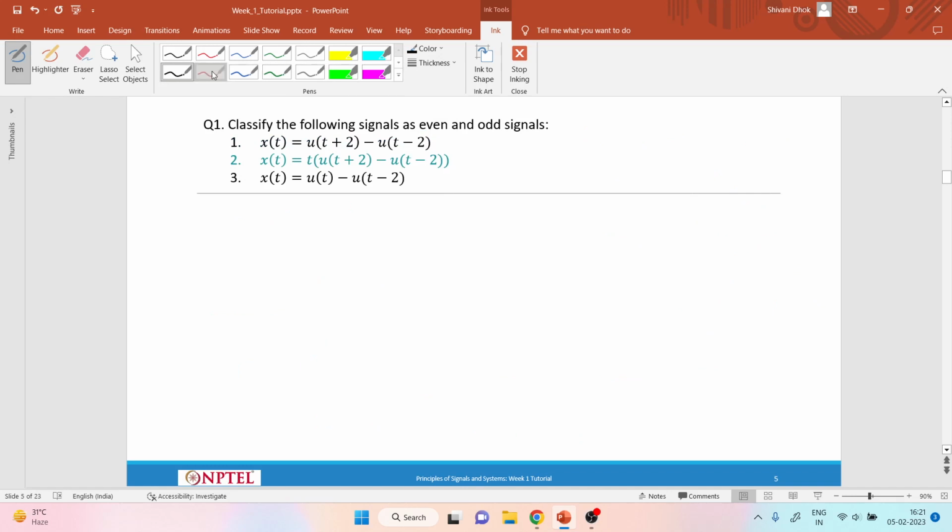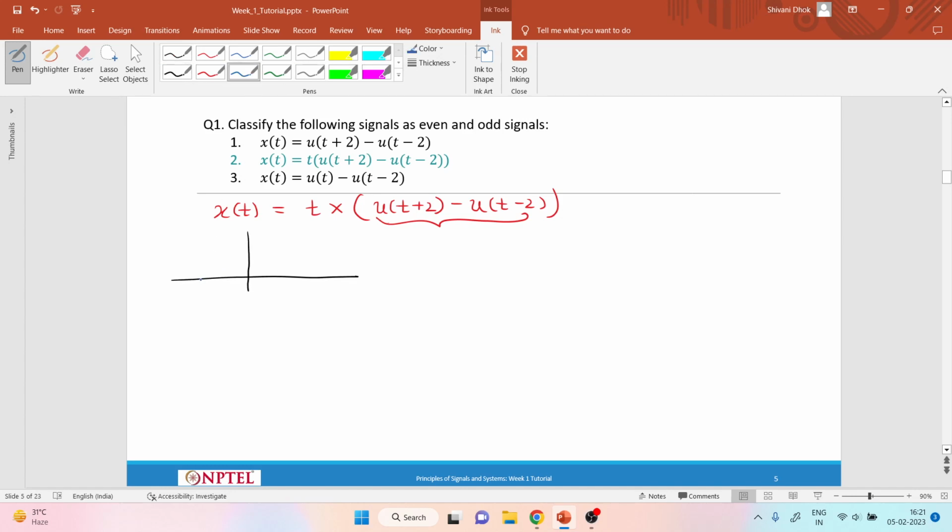Now let us look at the second question, that is x of t is equal to t into u of t plus 2 minus u of t minus 2. So this is the signal x of t is equal to t multiplied by u of t plus 2 minus u of t minus 2. We have seen this signal in the previous question and it appeared something like this.